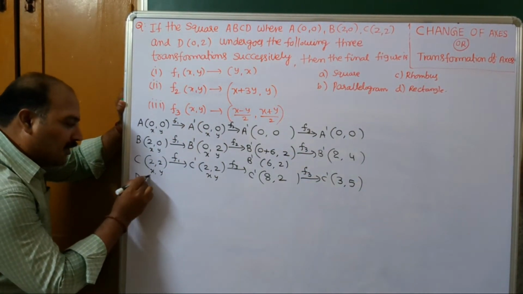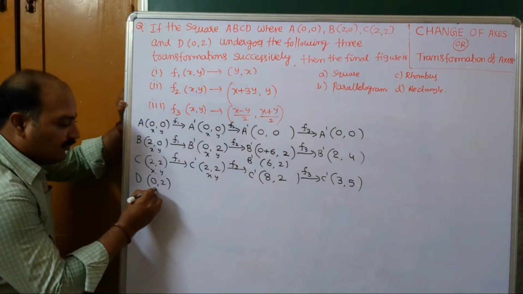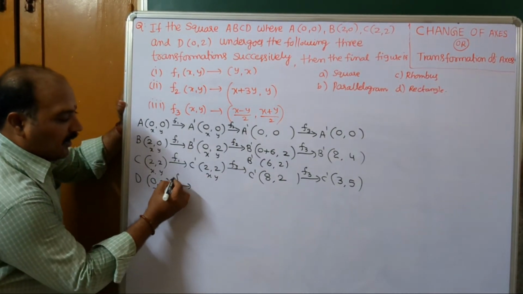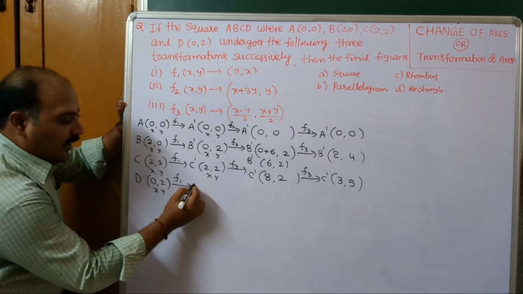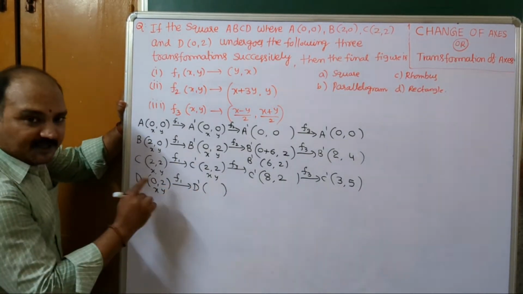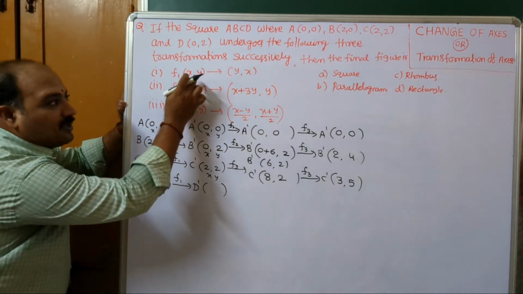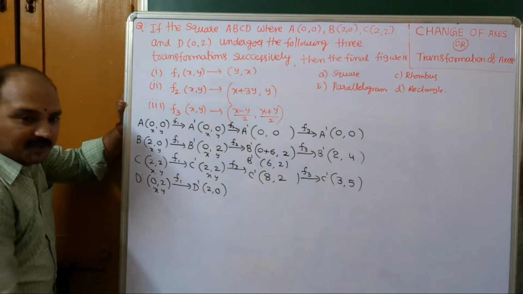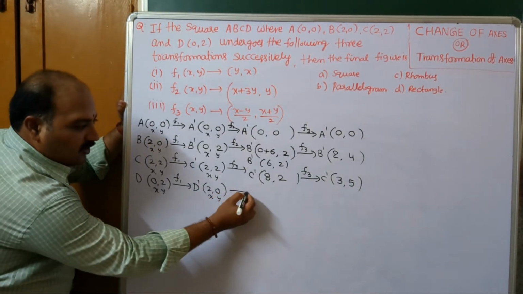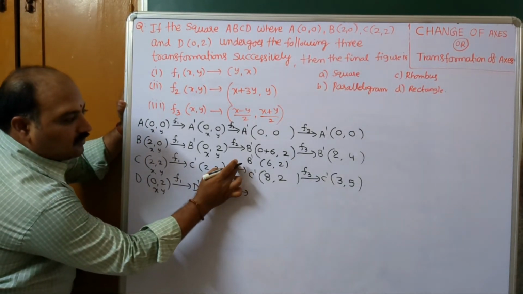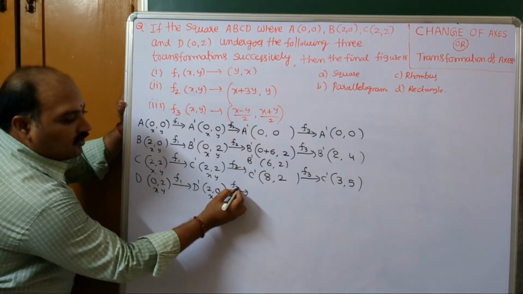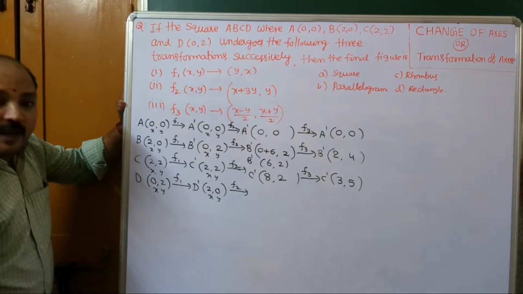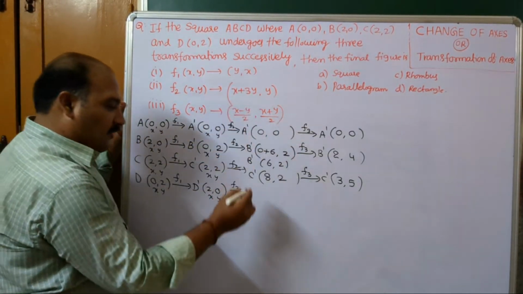Now D point, 0 comma 2, x comma y. Undergoes application F1. So D dash, interchanging of x and y in the first operation, so 2 comma 0. Am I right? This is x, this is y. In the second operation, F2, x plus 3y.